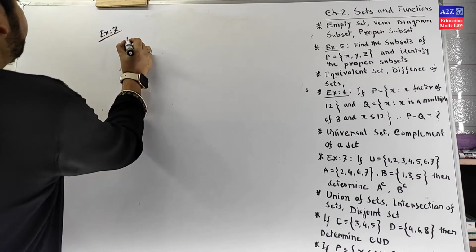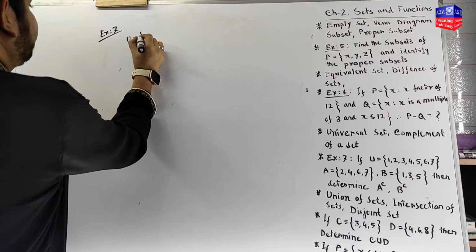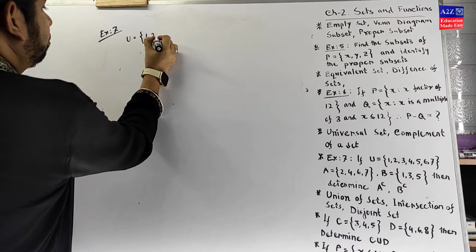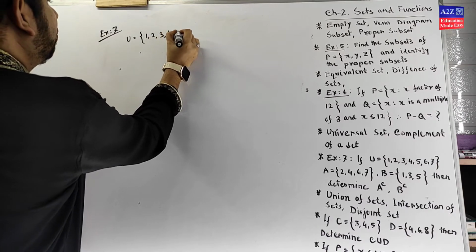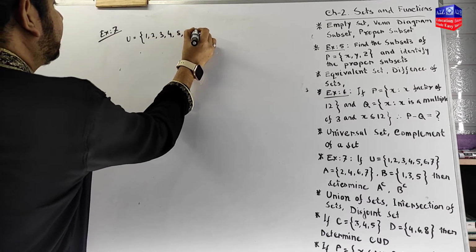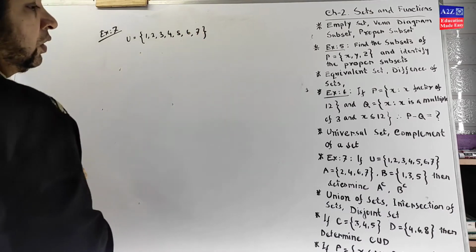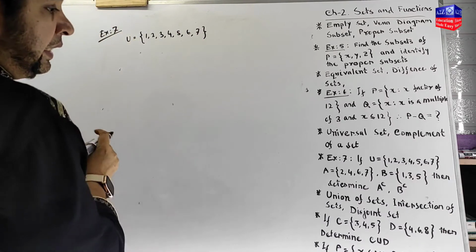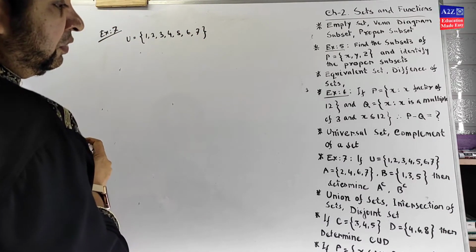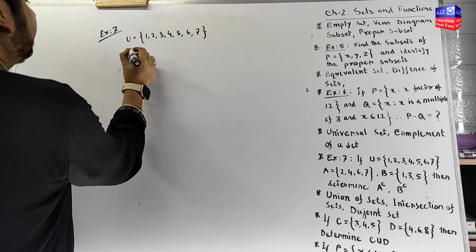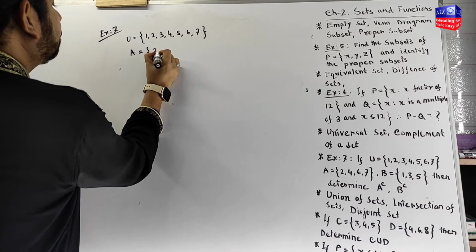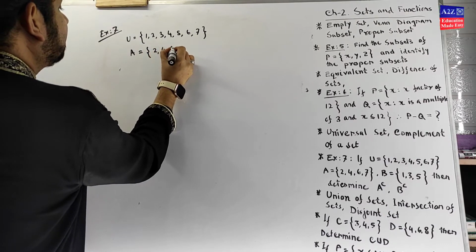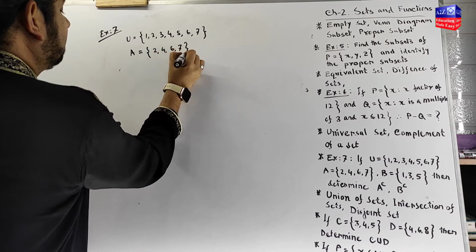Here it is given U is the universal set that contains the elements 1, 2, 3, 4, 5, 6 and 7. And A is a subset of U which contains the elements 2, 4, 6, 7.